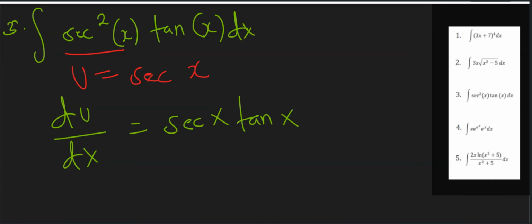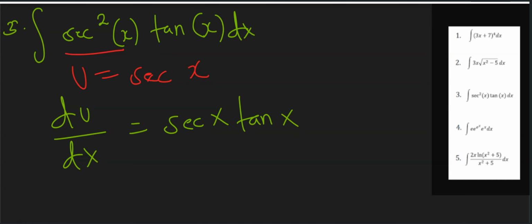As I said before, you need to understand the trigonometry in its entirety because they borrow from each other. Differentiation borrows from integration, integration borrows from differentiation. So now that we have this, what is our dx? We need to make dx the subject. How do you make that?